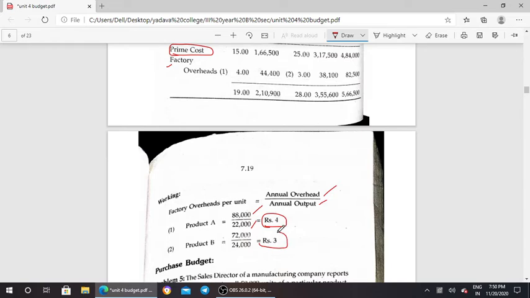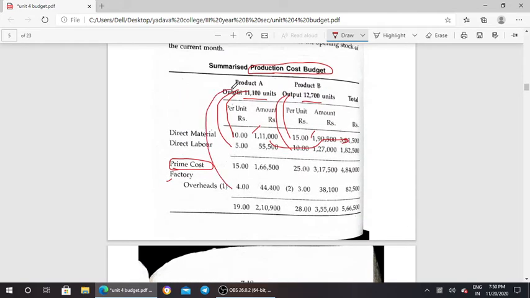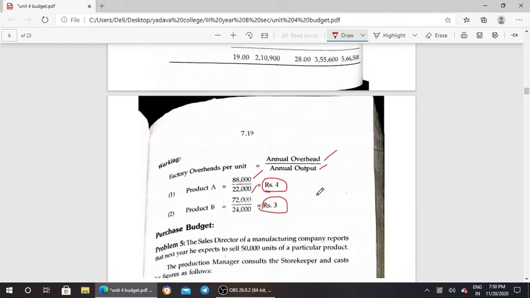Likewise for product B, 3 rupees. With the help of this, 4 into 11,100 gives 44,400 and 3 into 12,700 gives 38,100. Totally we have 82,500. So this is how the total will be calculated for all these things.